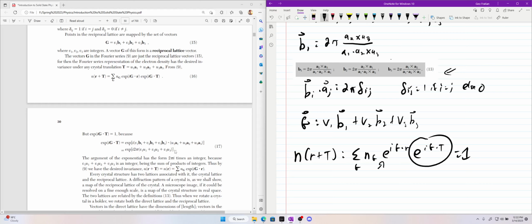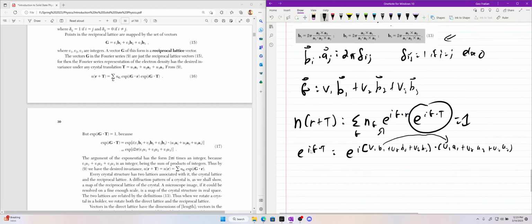That's because e to the i G dot T is equal to e to the i times v1 b1 plus v2 b2 plus v3 b3 dotted with u1 a1 plus u2 a2 plus u3 a3. And we just saw if I dot b1 with a1, that's something. If I dot b1 with a2 or b1 with a3, that's 0.